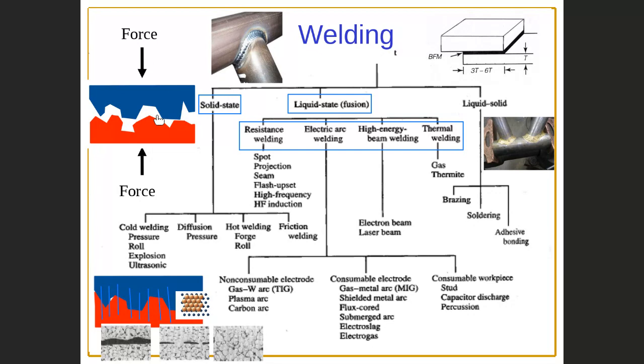Actually, listen to me carefully, please. There are very important advantages of solid state welding over liquid state welding. What is this big advantage? Liquid state welding is only limited to welding similar material.